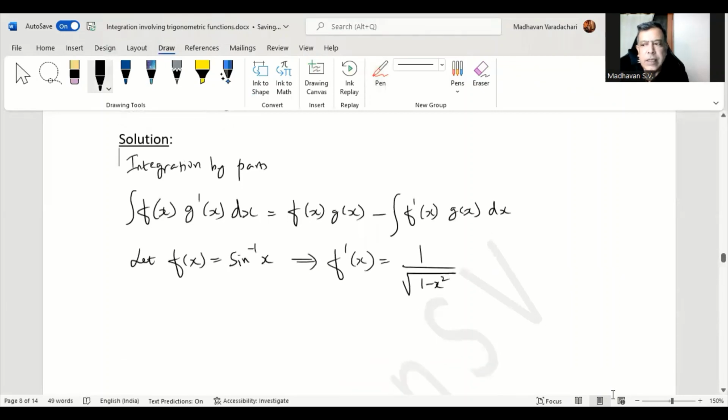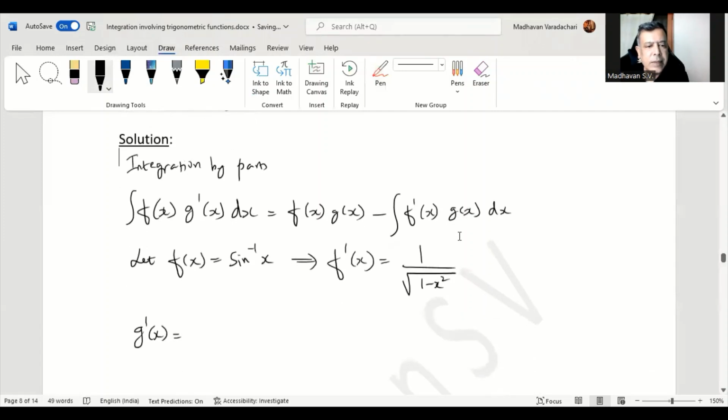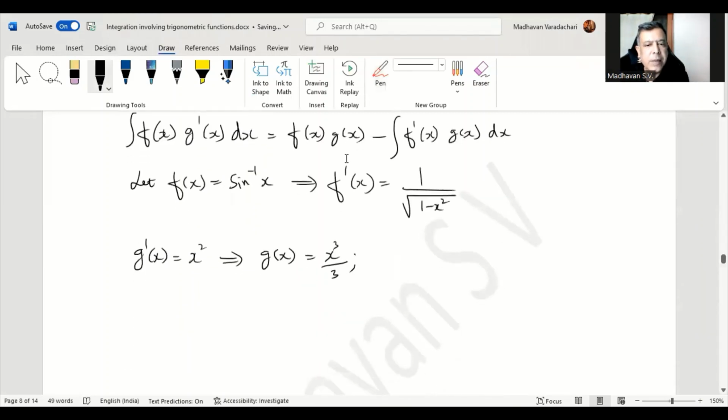Now g dash of x, the integrable function, we will consider as x square. So if g dash of x is x square, then g of x is x cube by 3.